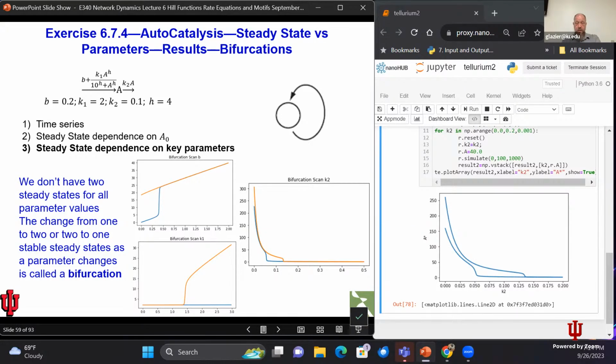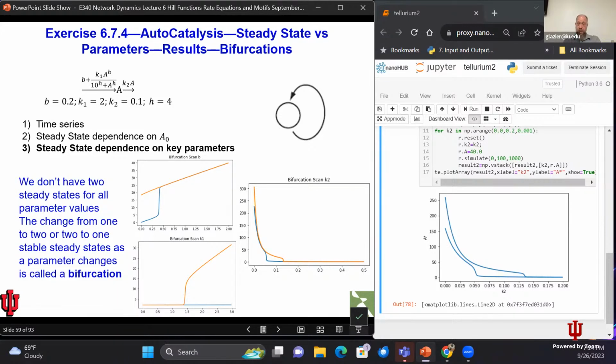If K2 is intermediate, I get a high value and a low value. And if K2 is too big, I only get a low value. So I actually see some interesting things. With B, when B is small, I get two values, and when B is big, I only get a high value.